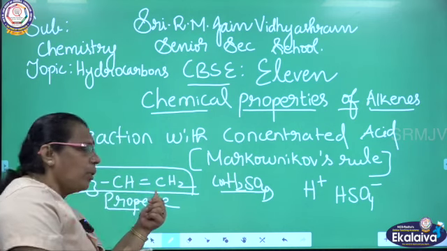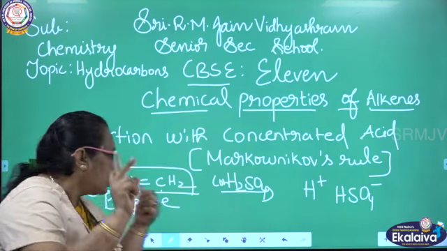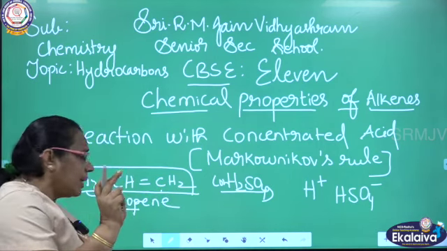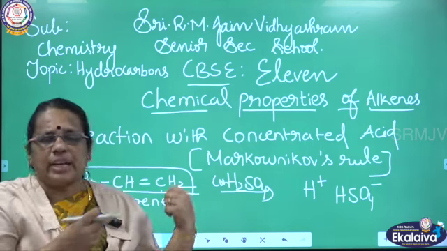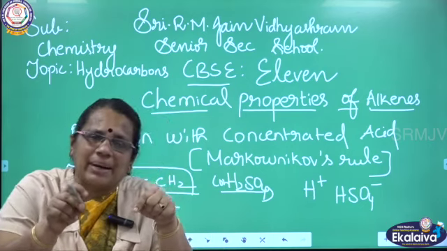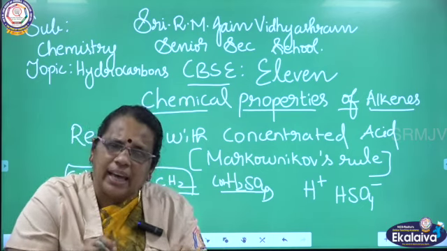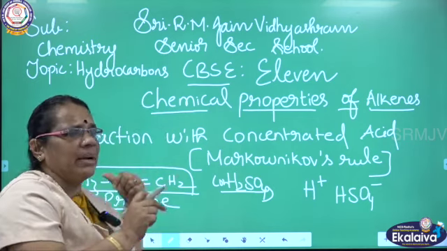On this side there is only 1 carbon, and towards the other side of the double bond there are 2 carbons. So we call this alkene an unsymmetrical alkene, and this Markovnikov's addition applies to it.